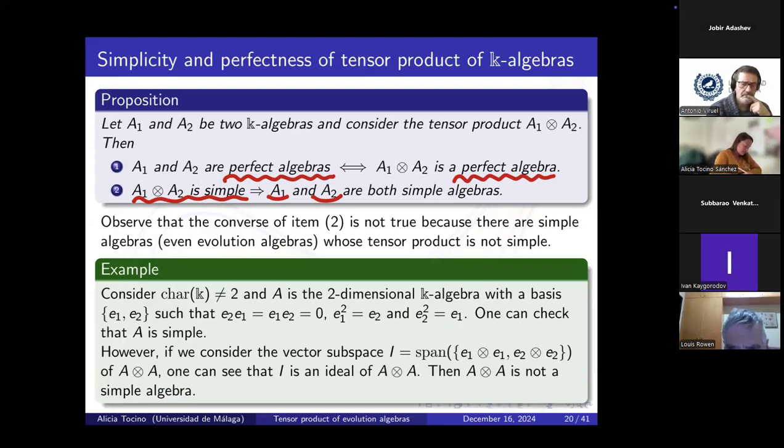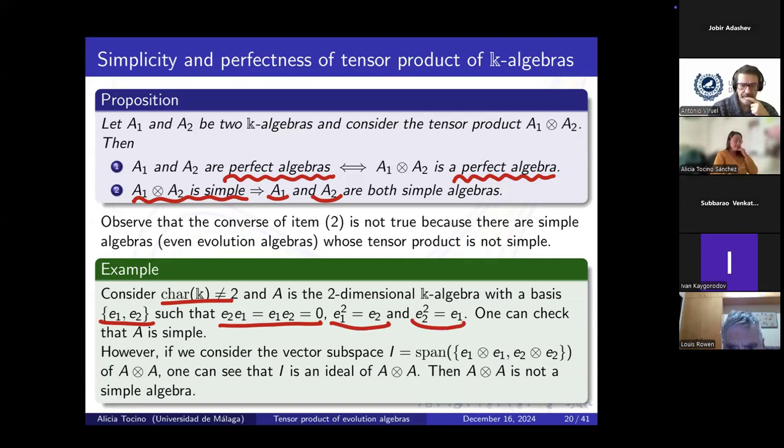So we are going to consider a field with characteristic different from 2 and an algebra with basis e1, e2, and multiplication e1e2 = e2e1 = 0. So it is indeed an evolution algebra, but we don't care here. e1 squared is e2 and e2 squared is e1.